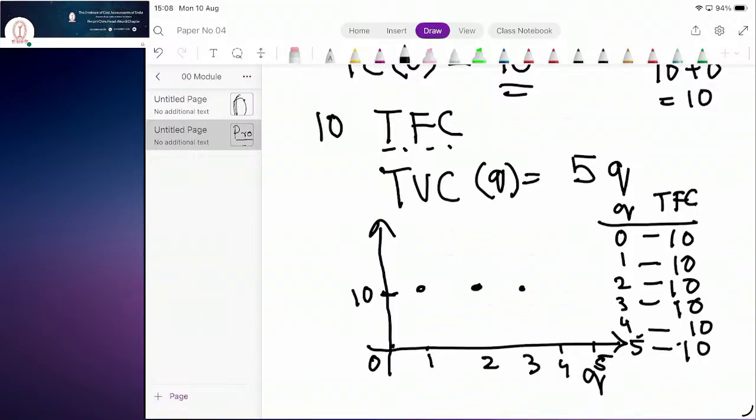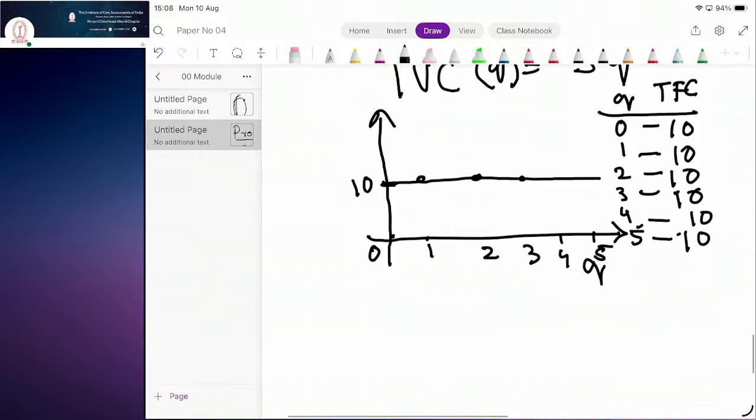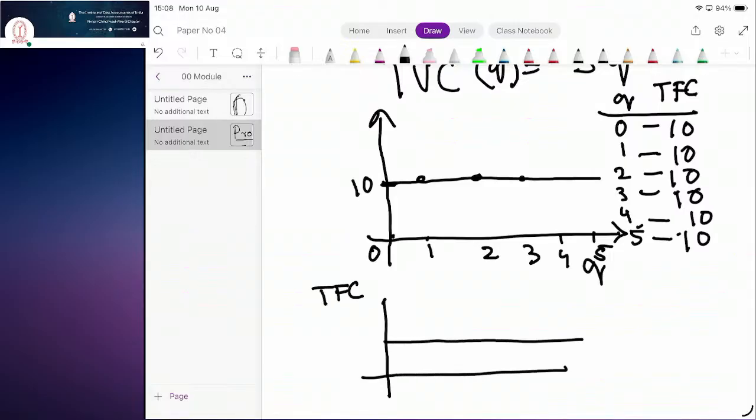So if you connect this line, it will be a horizontal line like this. समजलं? TFC curve समजला कसा आहे? It is a line parallel to the x-axis. नेहमी असं आहे ना, TFC. It will simply be like this.